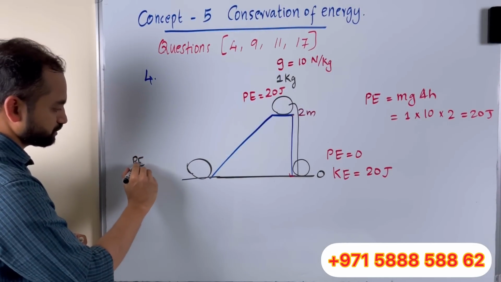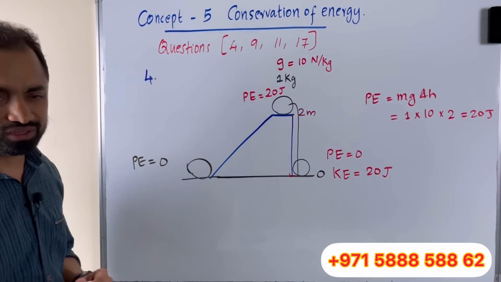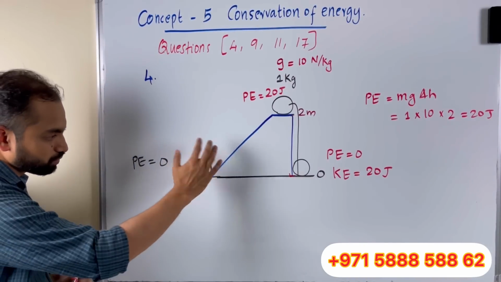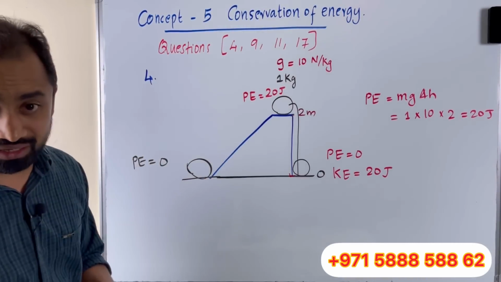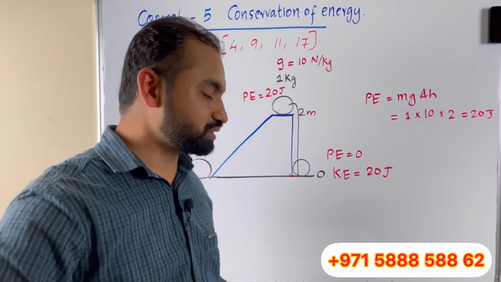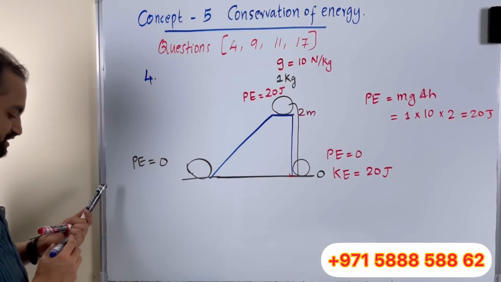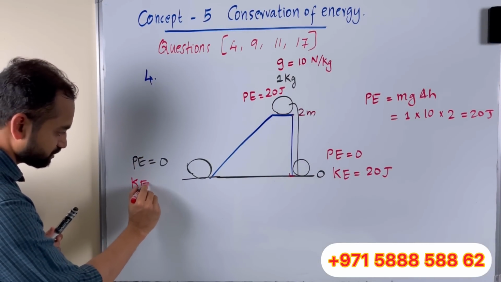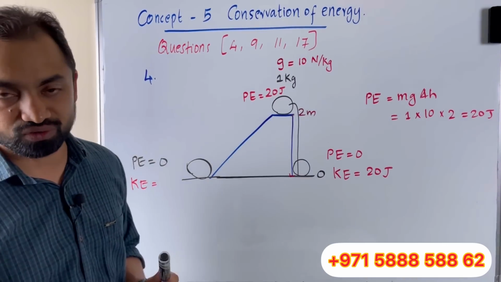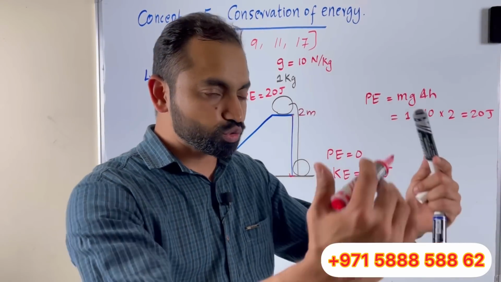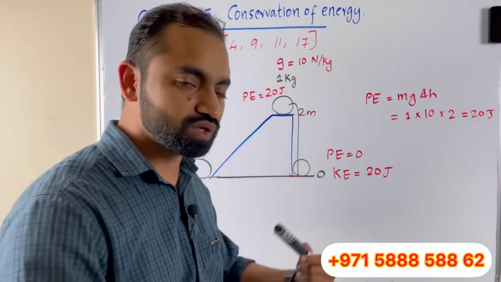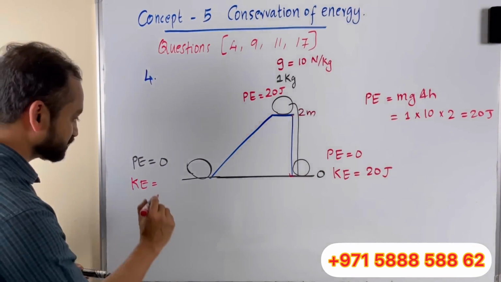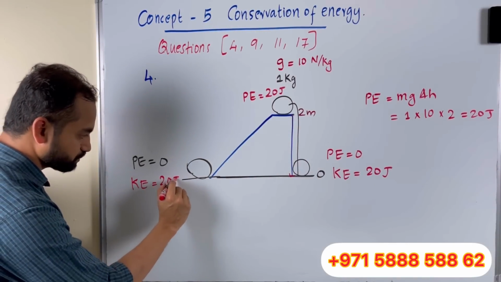The potential energy is equal to 0, because the ball is at the ground. And how much will be its kinetic energy? The law of conservation of energy states that the decrease in potential energy will be equal to the gain in kinetic energy, so its kinetic energy will become 20 joule.